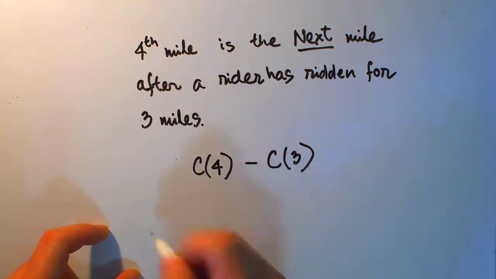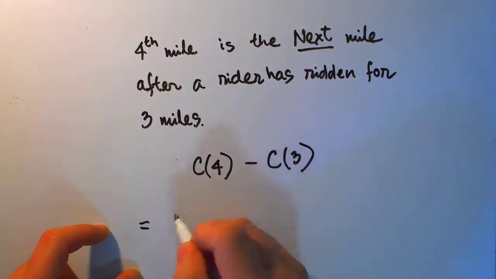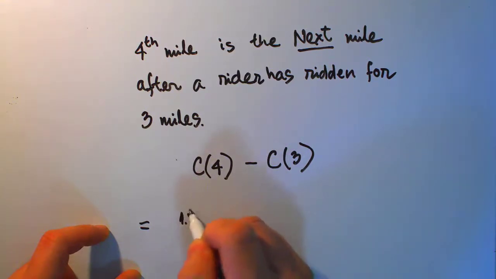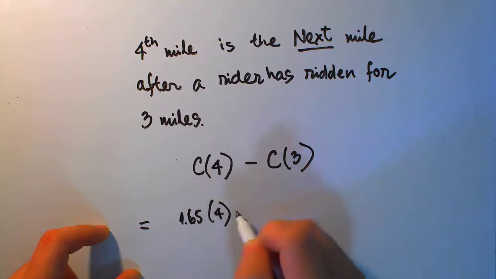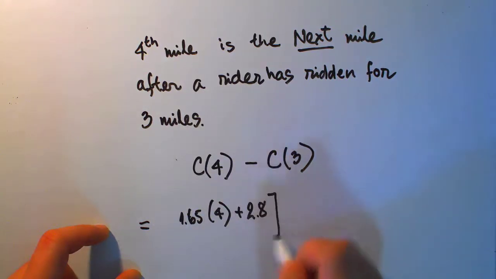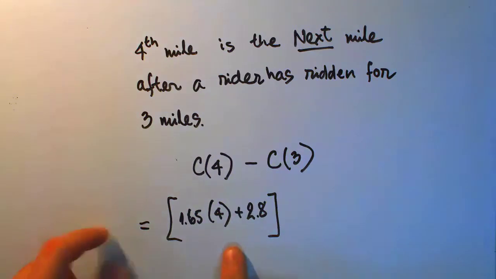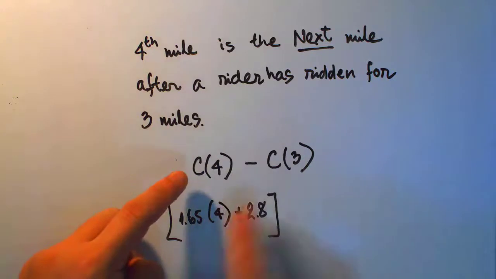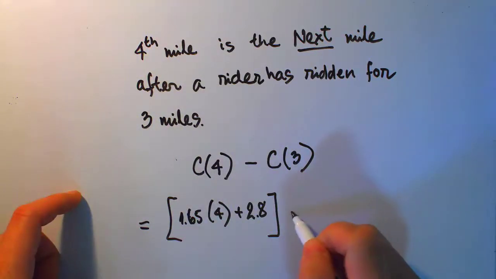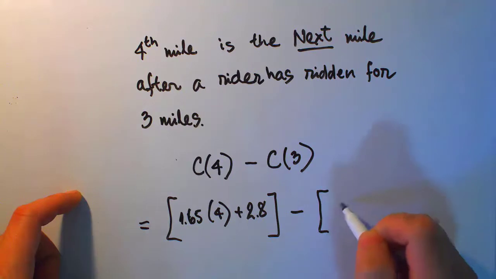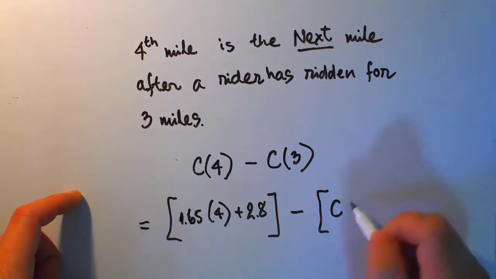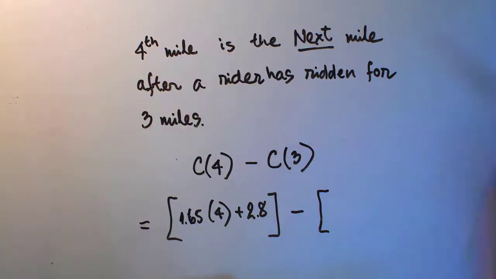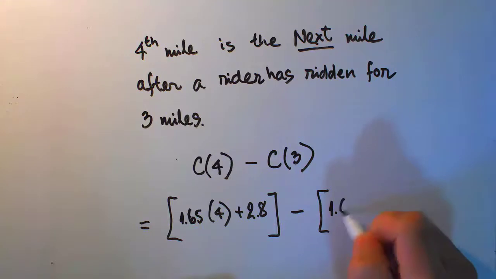And so now I'm going to substitute C at 4 into the function and getting 1.65 times 4 plus 2.8. And that is the cost for really traveling 4 miles, even though we were not really traveling, but we just want to find out how much that change would be. And now we minus how much the cost is after riding 3 miles. That would be same function again, but we're evaluating at 3.